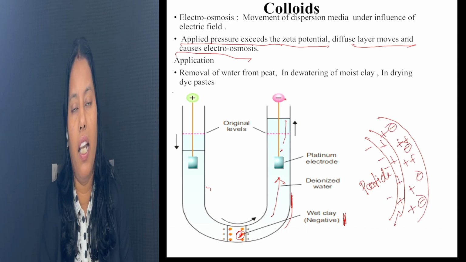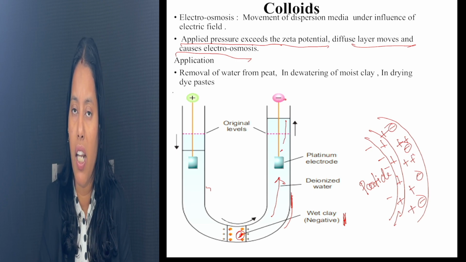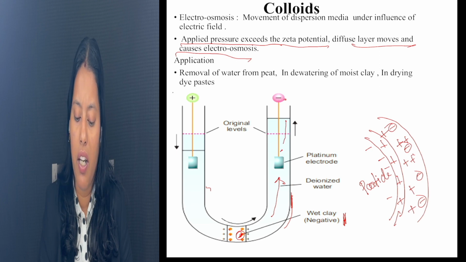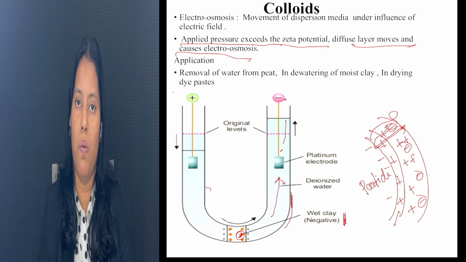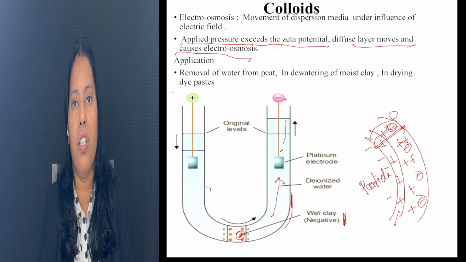When you apply the electric potential, the zeta potential gets disturbed. Zeta potential is contributed by whom? By this diffusion layer or the double layer. When the ions are moving, the solution is moving. That is the principle: the diffuse layer is disturbed and the diffusion layer ions move toward the opposite electrode, which leads to electro-osmosis.